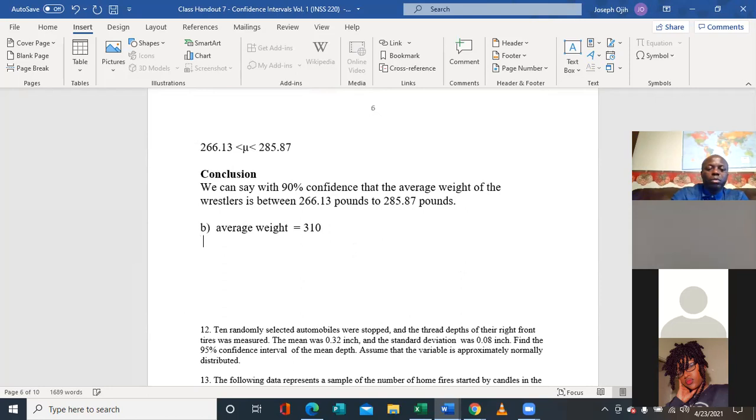The answer is no, because a weight of 310 falls outside the interval of 266.13 pounds to 285.87 pounds. So this is how we do it when the sample size is small.